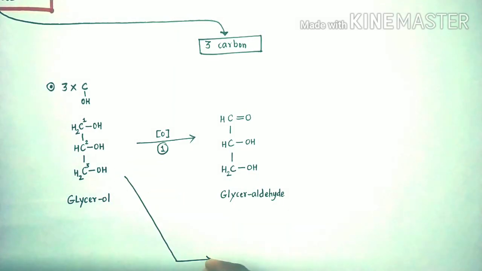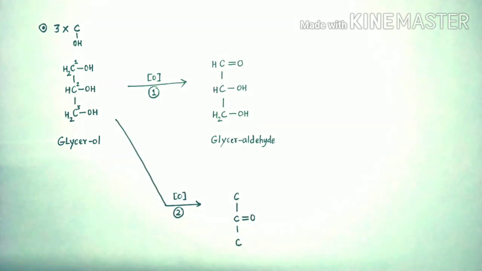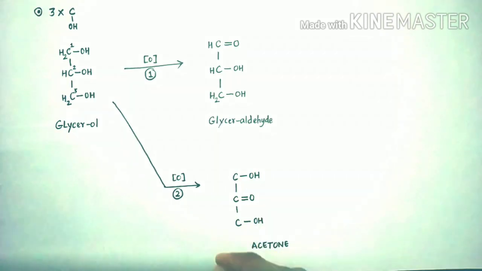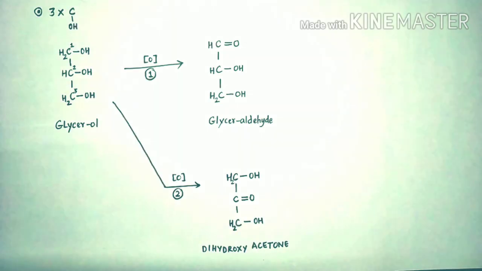If we oxidize the carbon number 2 on glycerol, we will have a glyceryl ketone. But it is not called glyceryl ketone. It is a 3-carbon ketone which is called acetone, and it has 2 OH or hydroxy groups attached to it. Hence, it is called dihydroxyacetone. And if we see, glyceraldehyde and dihydroxyacetone are isomers of each other. Same molecular formula, but different structural formula.